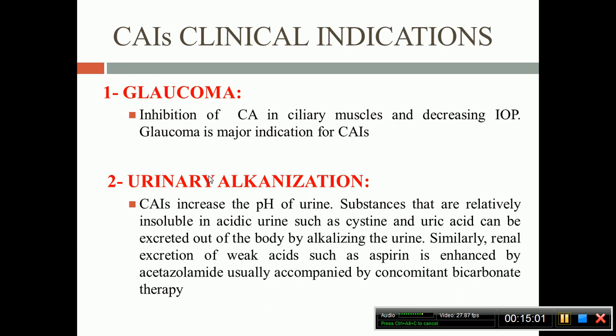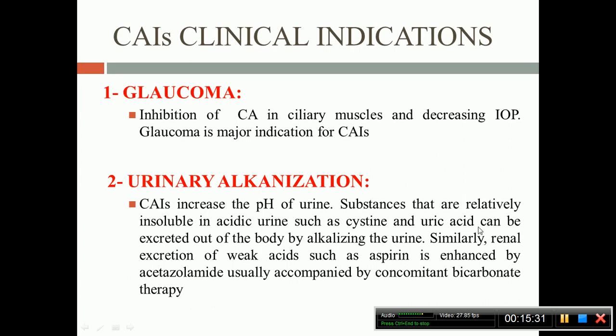We have seen that in opposite pH medium, the drugs will be ionized. So once the carbonic anhydrase inhibitors increase the pH of urine, substances that are relatively insoluble in acidic urine, such as cysteine and uric acid, can be excreted out of the body by alkalinizing the urine.